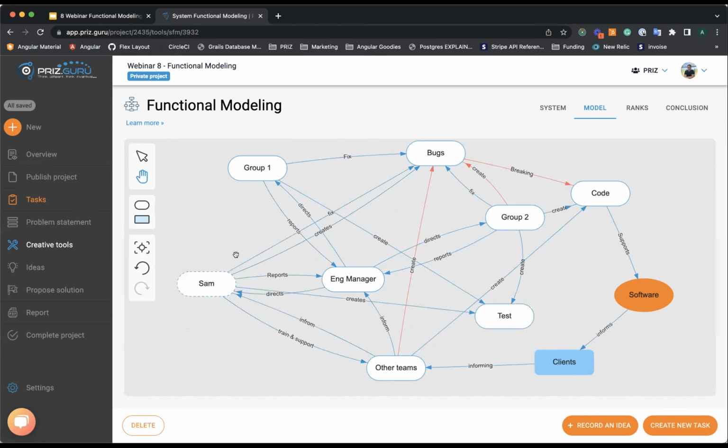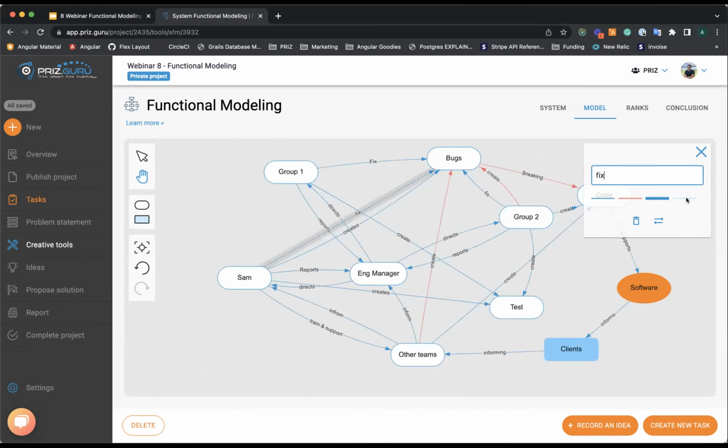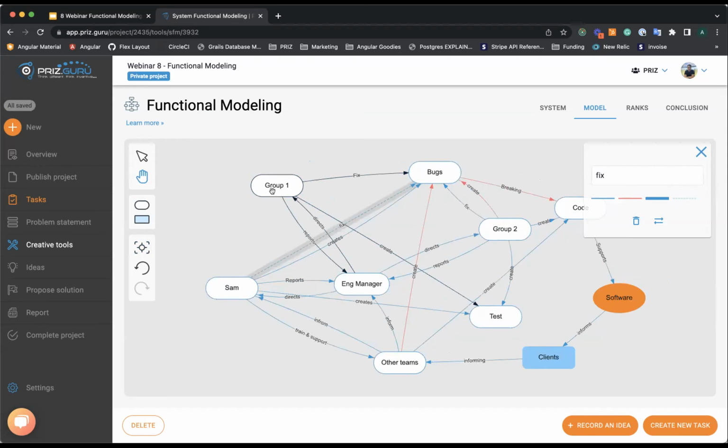As I was mentioning, Sam has somewhat bad engineering practices overall. He's a good person. He knows a lot of things in the company, but has bad engineering practices. So basically when he fixes bugs, he doesn't do it very well. He's not very detailed. Of course, as part of fixing bugs and writing code, he creates bugs as well. That's of course harmful.